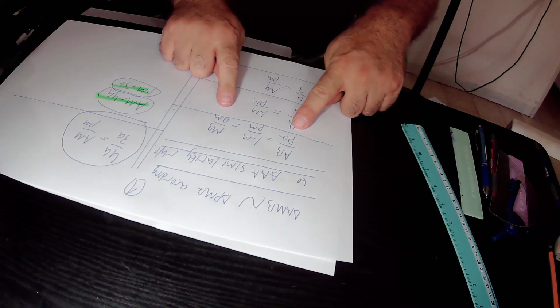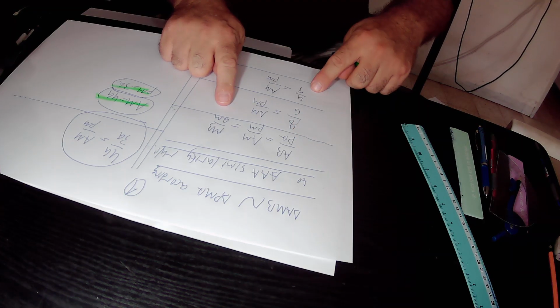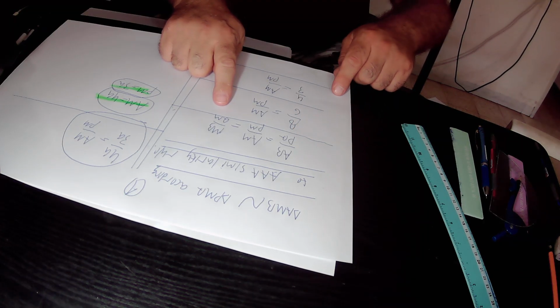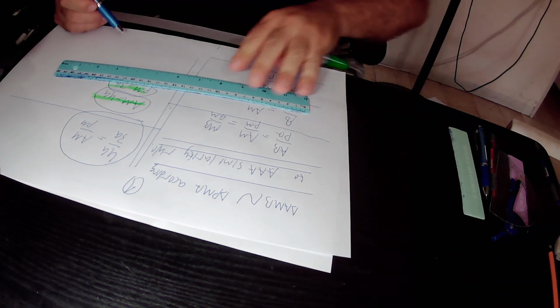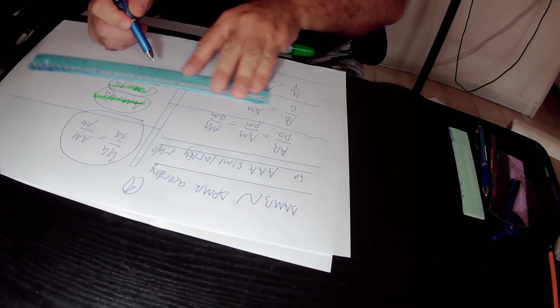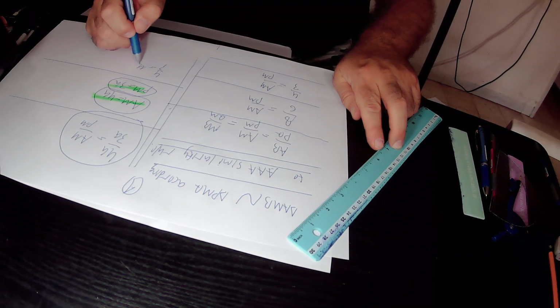Those two sides of the equation also equal to each other. AB over PQ is 4/3, so 4/3 equals MB over QM.